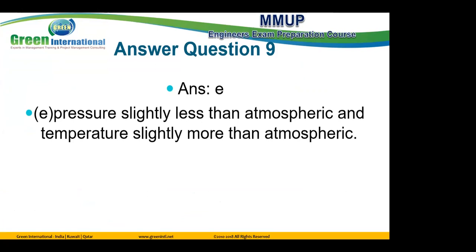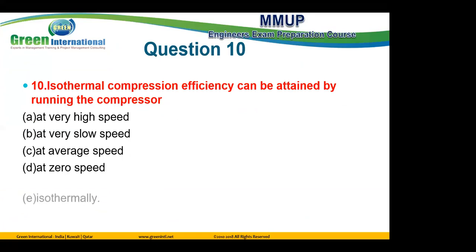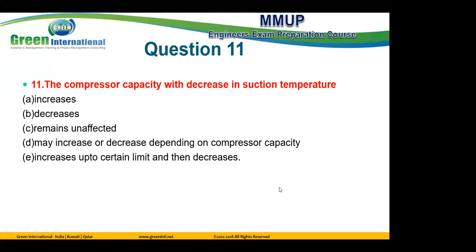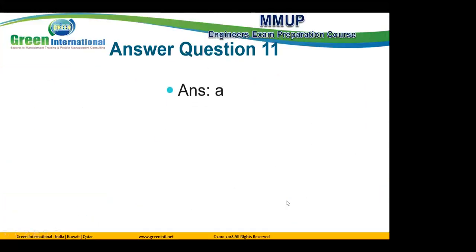Correct. Isothermal compression efficiency can be attained by running the compressor at very slow speed. Compressor capacity with decrease in suction temperature, what happens? Increases.